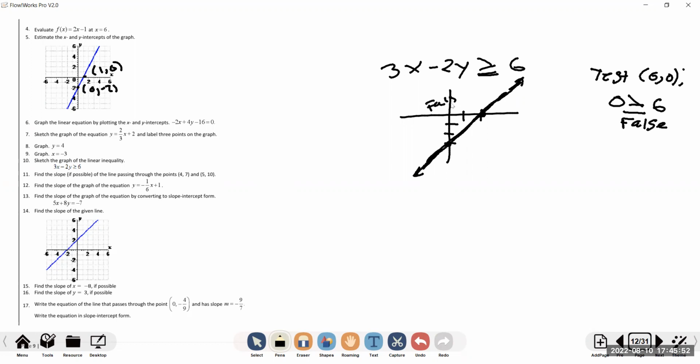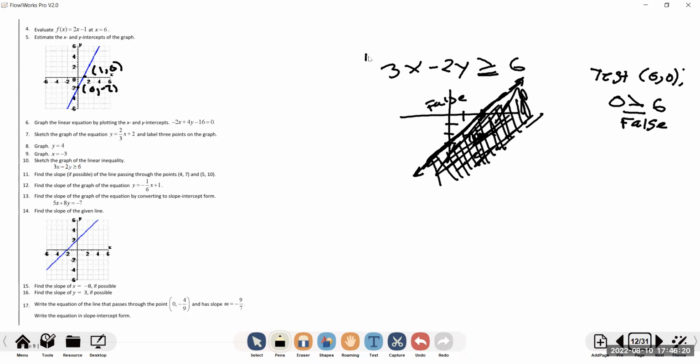So this side is false, which makes this side over here true. I'm going to shade on the true side over here. So that's my answer: the boundary line and shading beneath it in this case. Sometimes you're going to shade above, sometimes you're going to shade below.